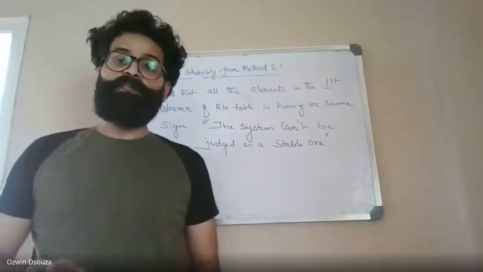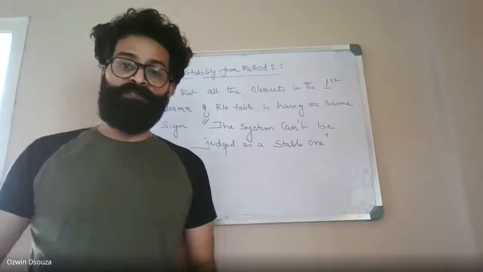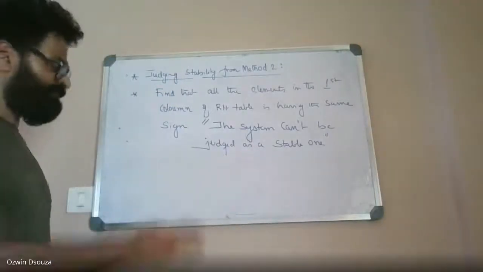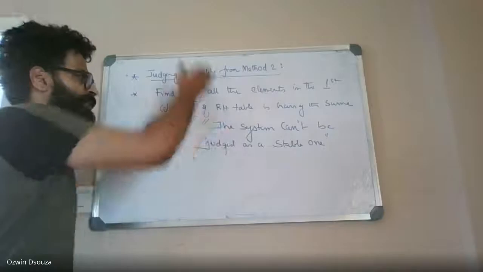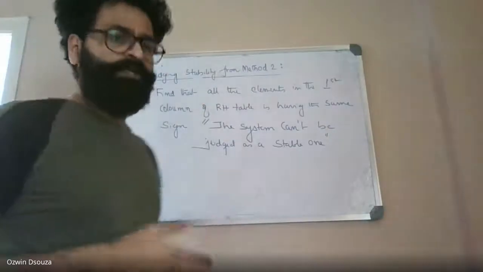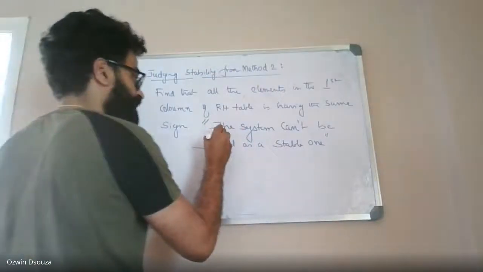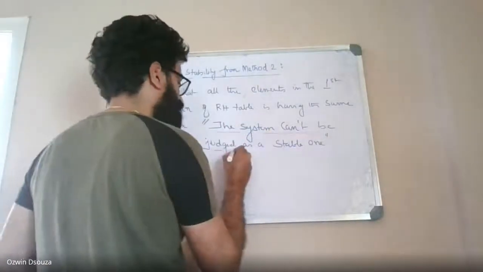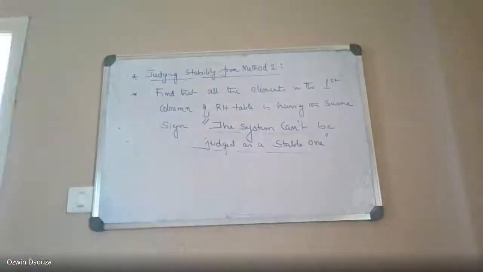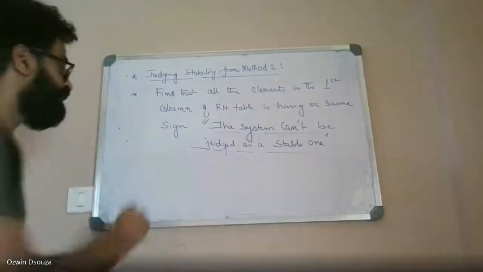Whenever the system suffers from difficulty 2, which is nothing but a row of zeros, you cannot just say that the system is stable. So that's the reason I have written this statement: the system cannot be judged as a stable one.